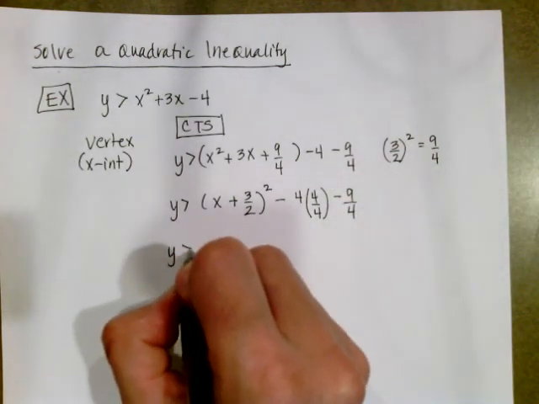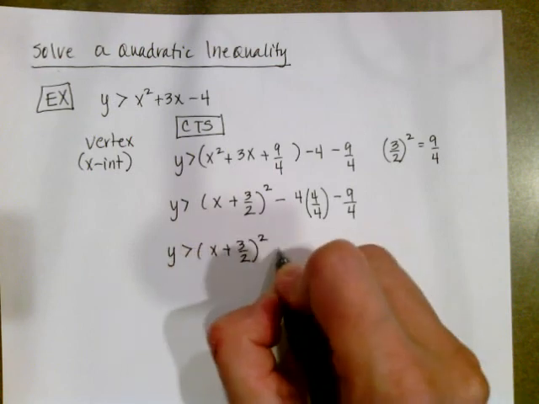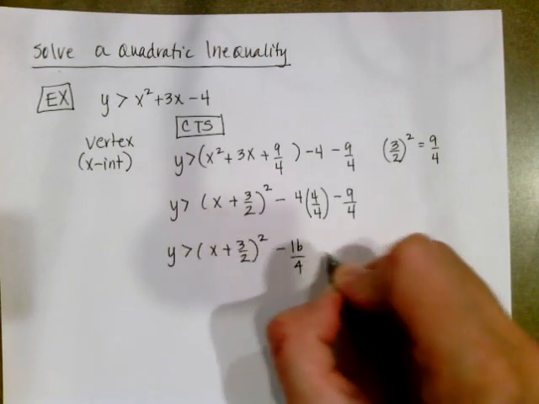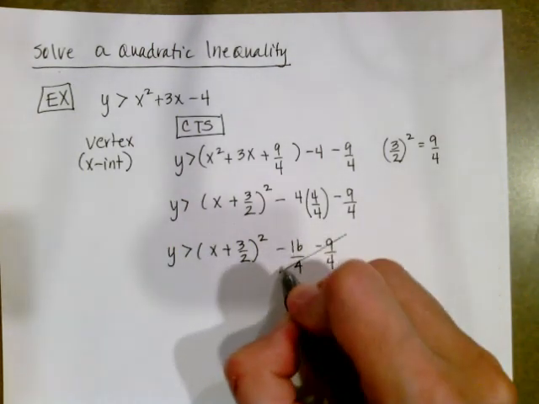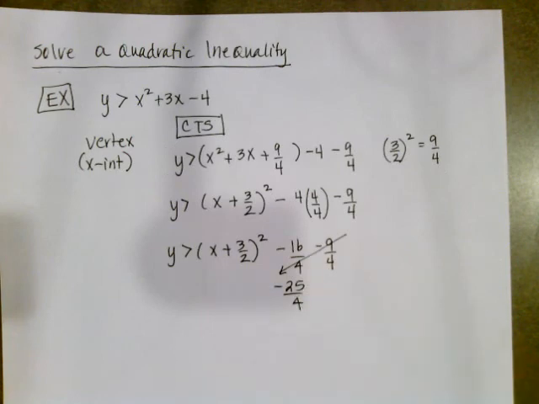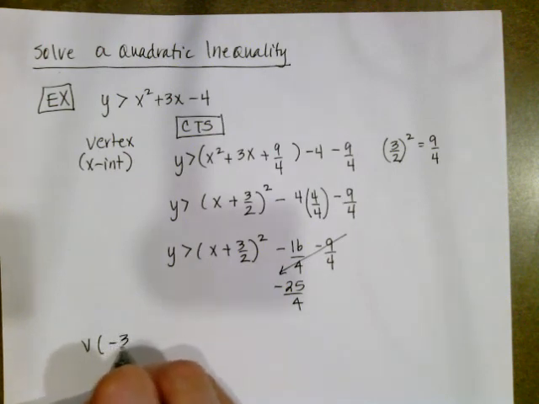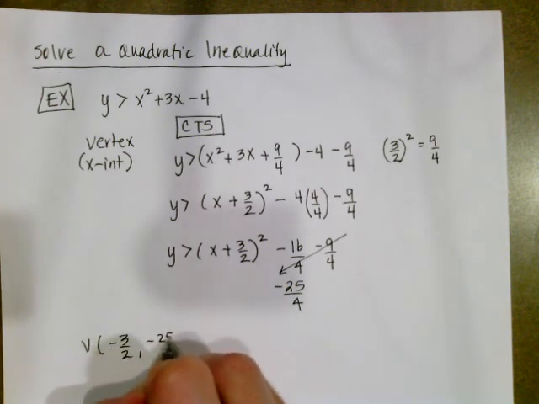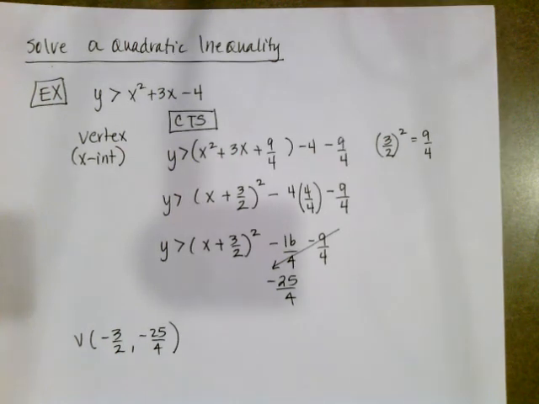So I'm going to get y is greater than x plus 3/2 quantity squared minus 16 over 4 minus 9 over 4, and those two are going to give me a negative 25 over 4. So now I know that my vertex is going to be a negative 3/2 and a negative 25 over 4. All right, so that gives me my vertex.